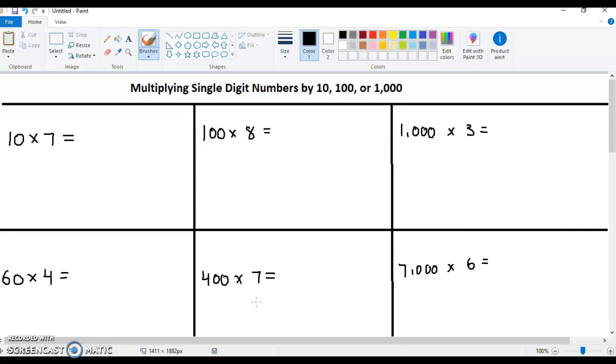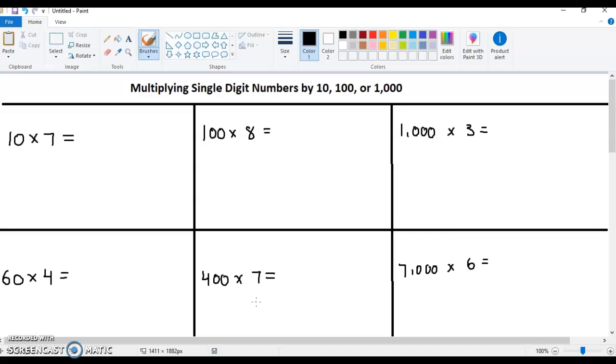That's still a skill that we're working on in fourth grade. And if you're not 100% comfortable or you don't have it committed to automatic memory yet, that's okay. We can still multiply, and we'll just practice and learn as we go.